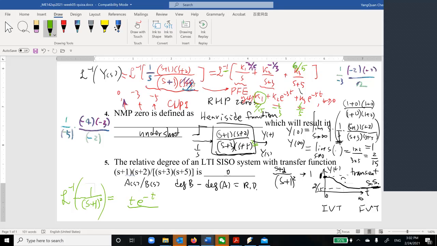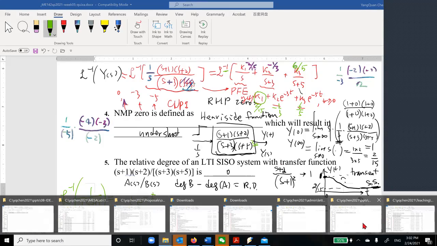All right. So if you say, oh, I have never seen this, sorry, it's in your Laplace transformation table. Let me show you.